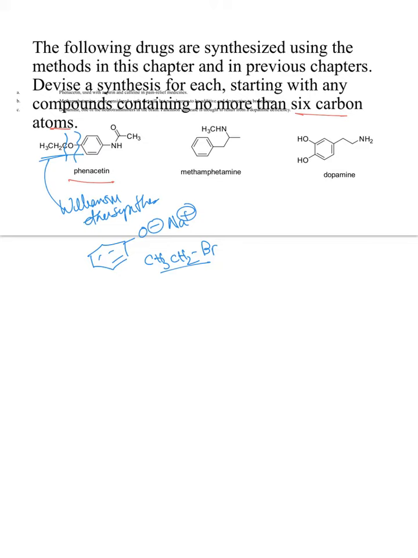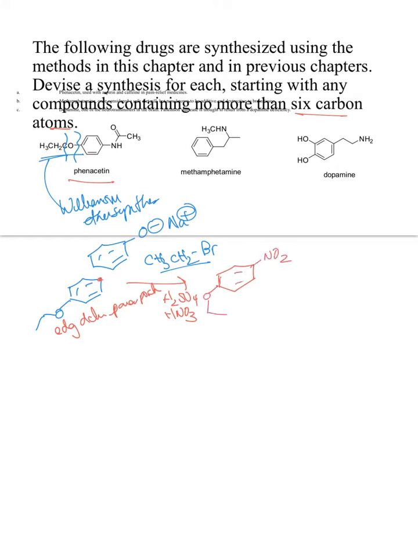And then we have this portion of the molecule that would be an electron donating group, which is activating, and it would activate the para position. So at this point now we need to make a nitro group. So H2SO4 and HNO3, nitric acid, will nitrate that position.